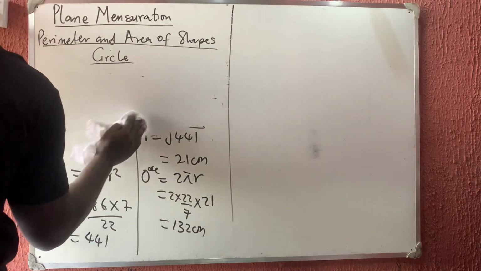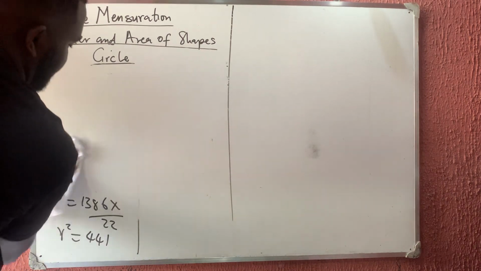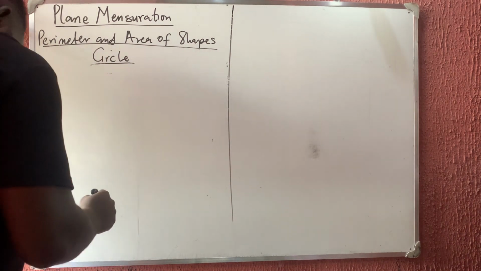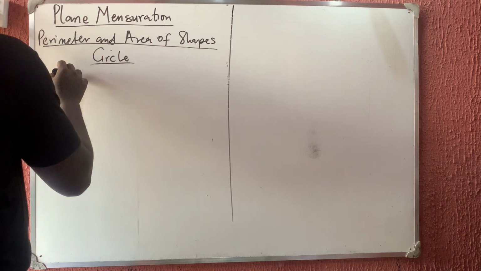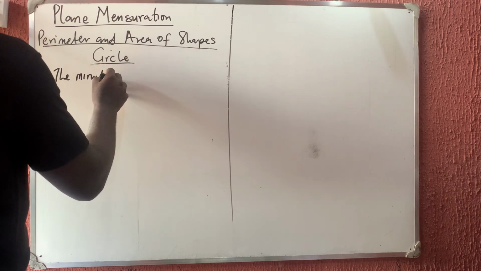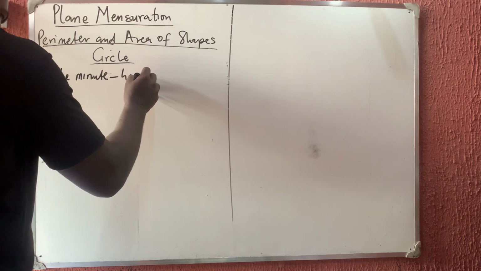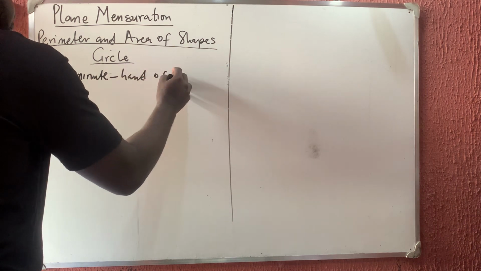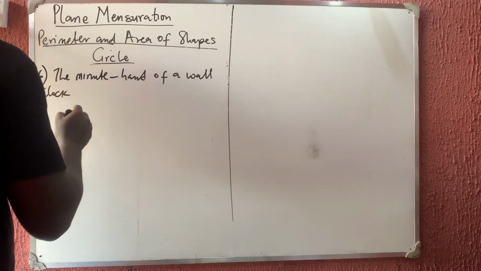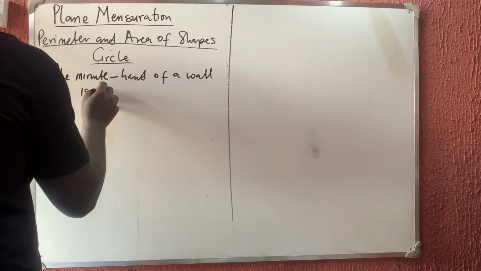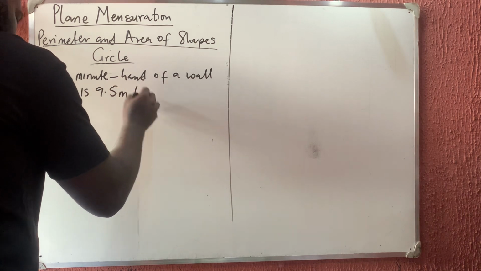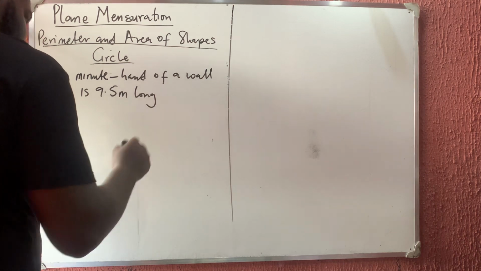So question number 6 said: the minute hand of a wall clock is 9.5 meters long.